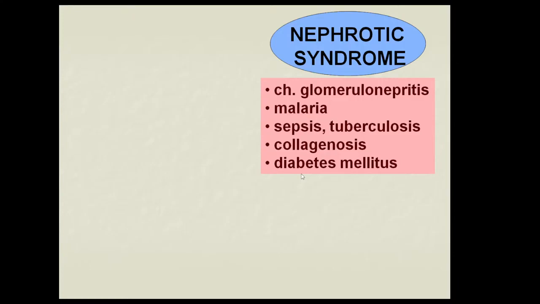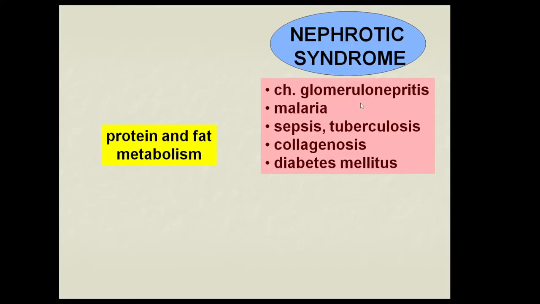It is infectious disease, malaria, sepsis, tuberculosis. It is systemic disease, collagenoses, and metabolic disorders, diabetes mellitus. But for the kidney, nephrotic syndrome is characteristic for the patient with chronic glomerulonephritis. I said, disordered protein and fat metabolism.